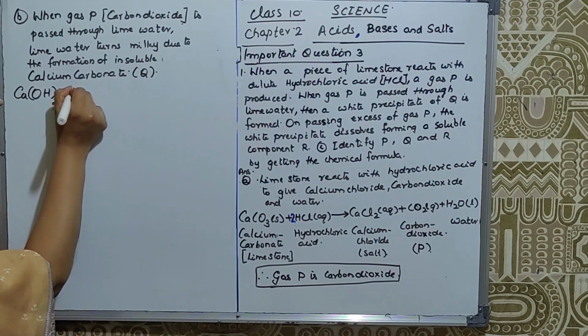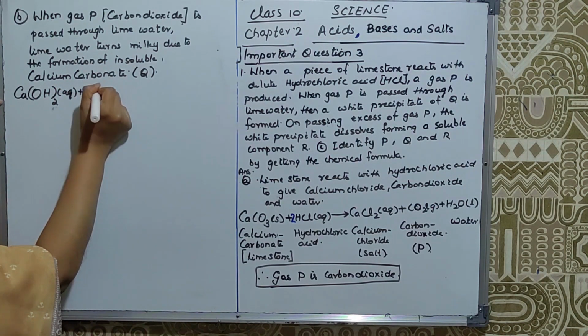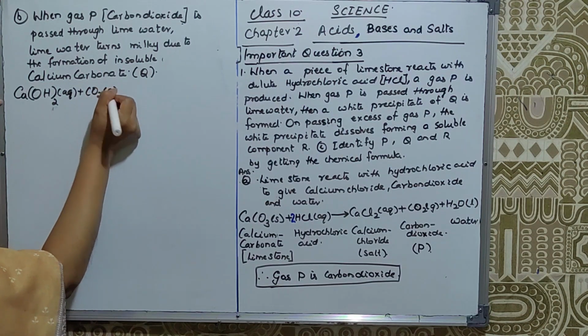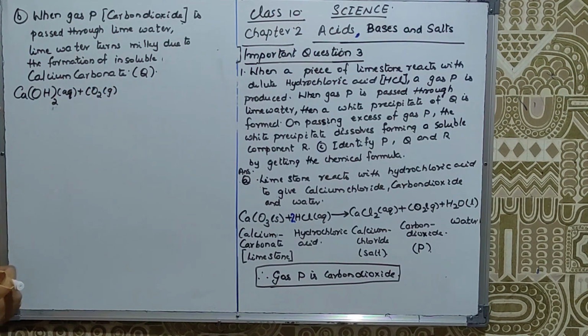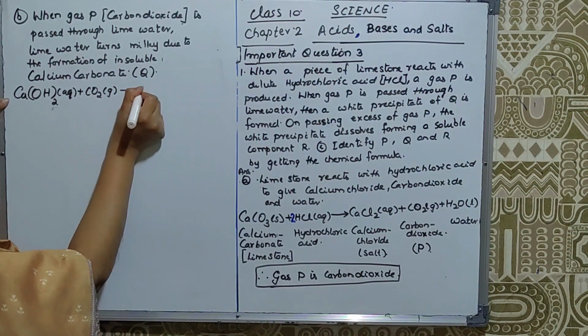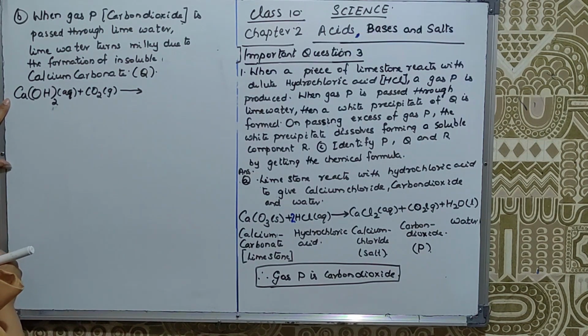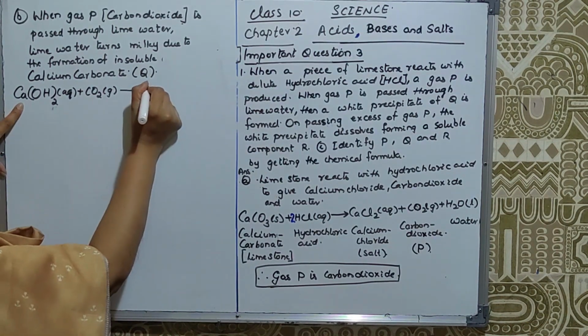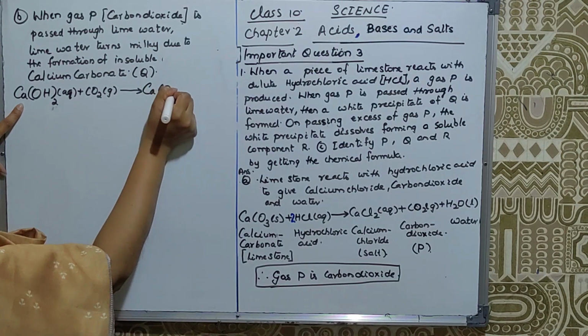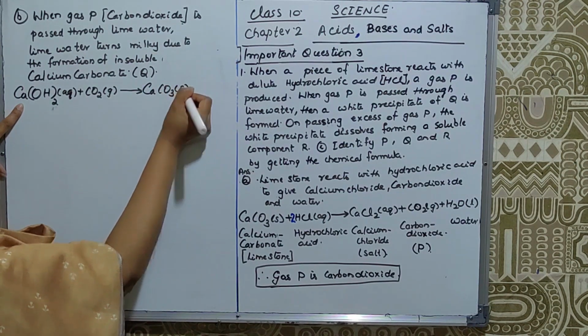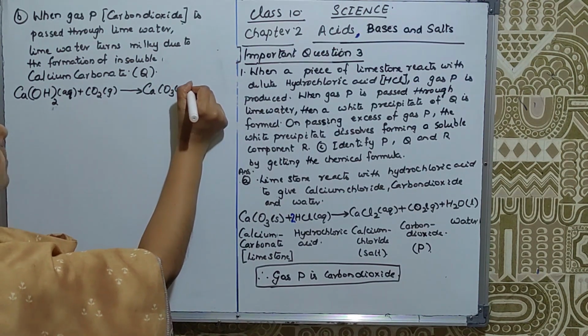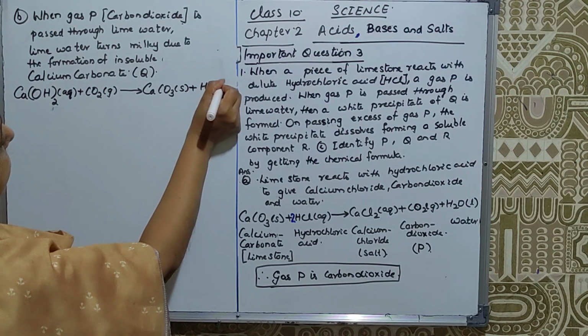When carbon dioxide gas, CO2 in the gaseous form, is passed, the lime water turns milky due to the formation of insoluble calcium carbonate. Calcium carbonate formula is CaCO3 in the solid form, plus water in the liquid form.